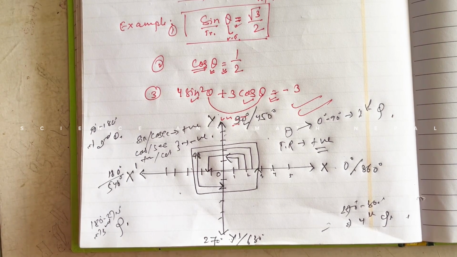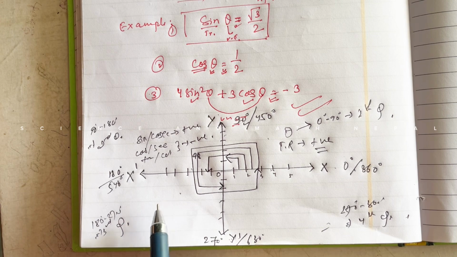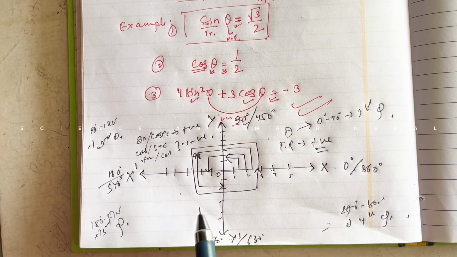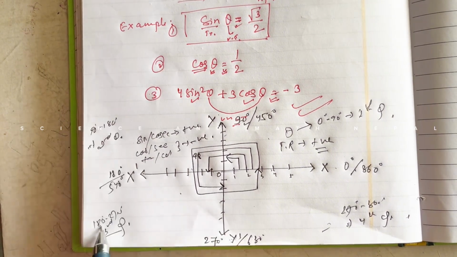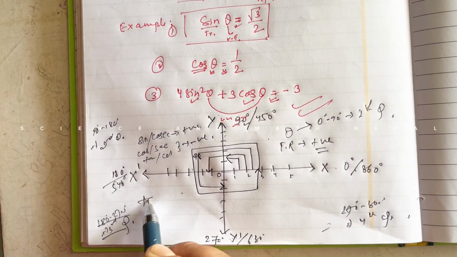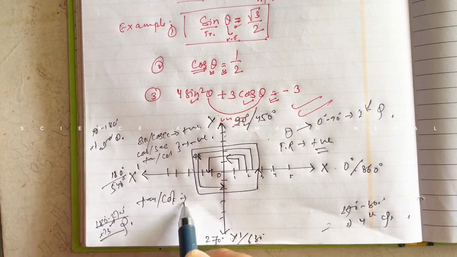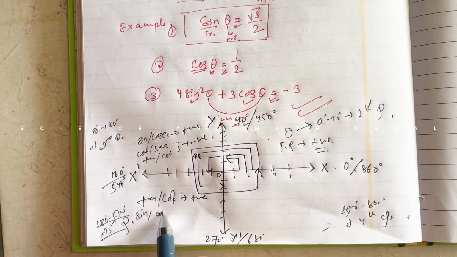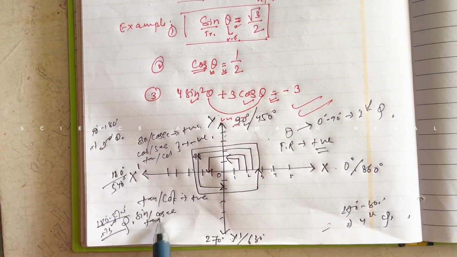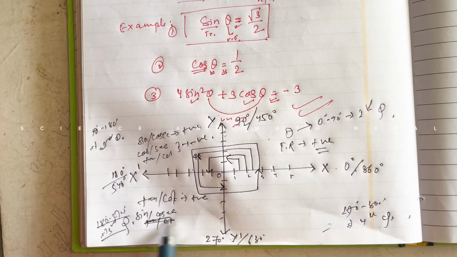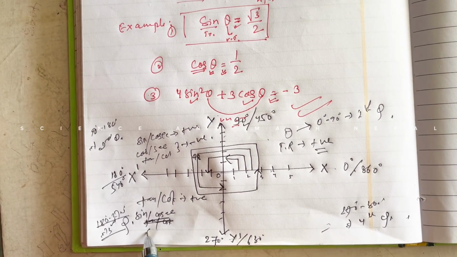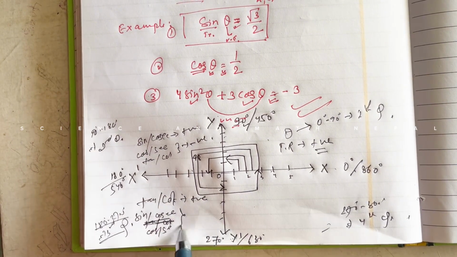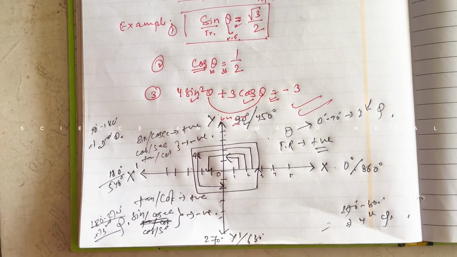In the same way, for an angle in the third quadrant, that is 180 to 270, the values of tan and cot become positive, and the remaining, sine, cosec and cos, sec, become negative.